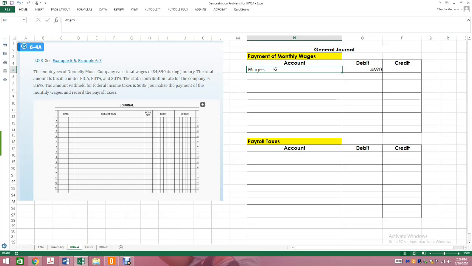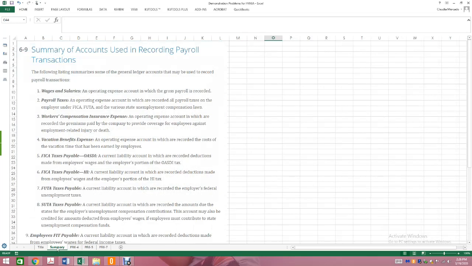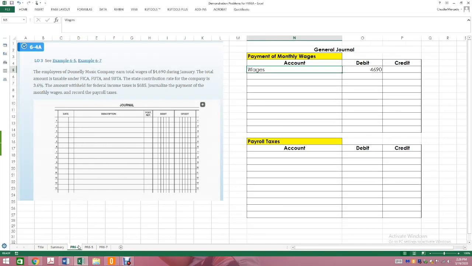Now, your textbook just uses the account wages. Let me see, what do they have over here? They have wages and salaries, an operating expense account in which the gross payroll is recorded. So if an employee gets paid by wages, we'll use wages. If they're on salary, then we'll use salaries. I've done payroll before, and where I used to work, our account was called wages expense, so we could clearly identify it was an expense to the company.